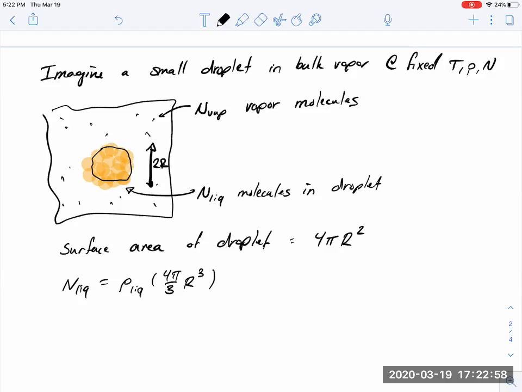That implies that the surface area is something that scales like the number of particles in that droplet to the 2/3. Right, I could solve for r in this equation. r would be proportional to n to the 1/3. And if I plug in that over here, I'll find a scaling for the surface area that scales like n to the 2/3.